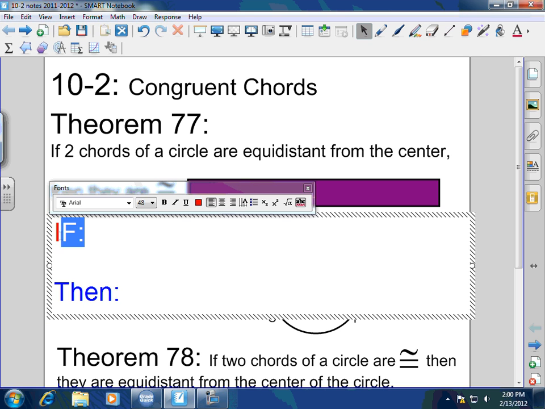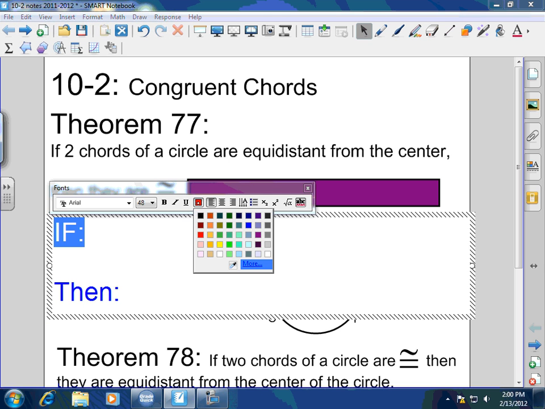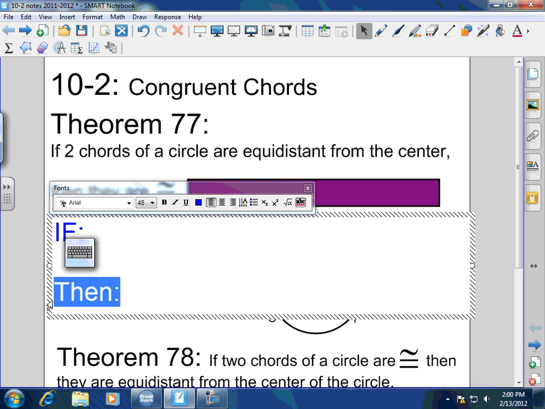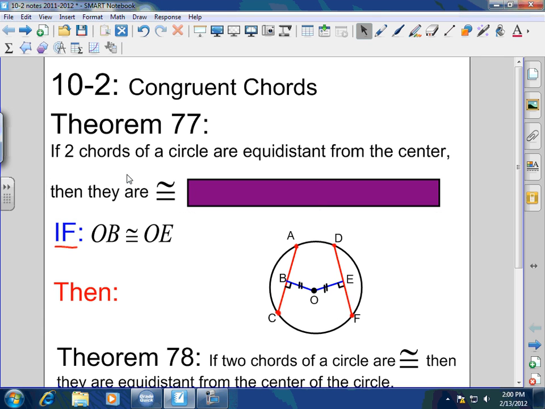Let me make this blue here right quick. Fix that up. Okay, so if OB is congruent to OE, they're equidistant from the center, then, guarantee 100%, the chord AC will be congruent to the chord DF.